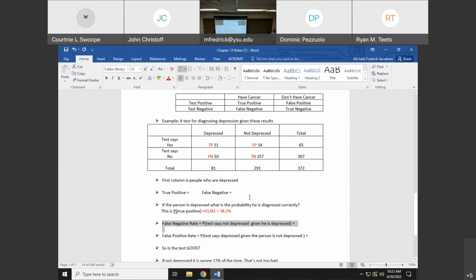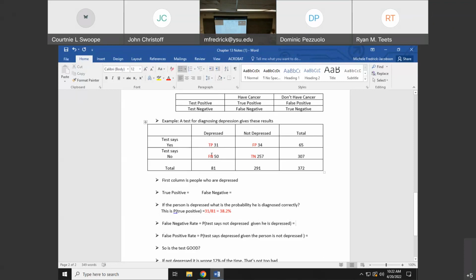Trying to understand the words is a little more complicated than remembering to divide by the bottom. You only need to divide by the bottom as long as your test part is going across. So always make sure, I will do that for my class, but if you're reading any and the tests go down, then it's going to be the opposite. So you want your test to always go across.